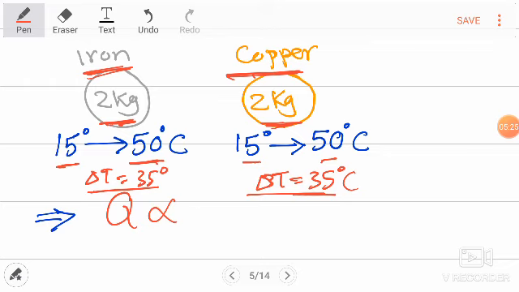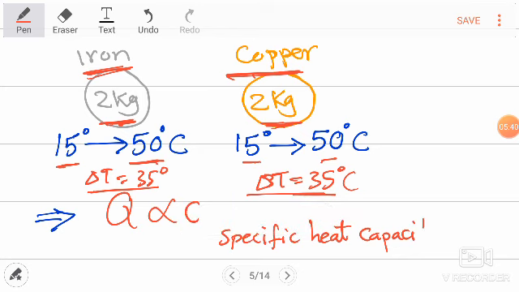So here we have C, which is called specific heat or specific heat capacity. And this quantity depends on the material itself.